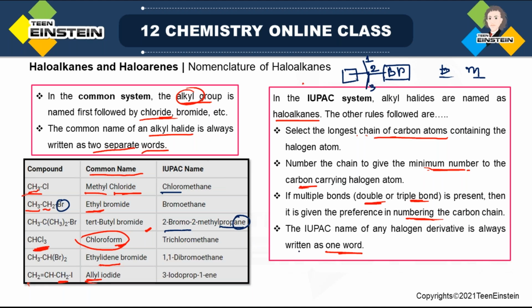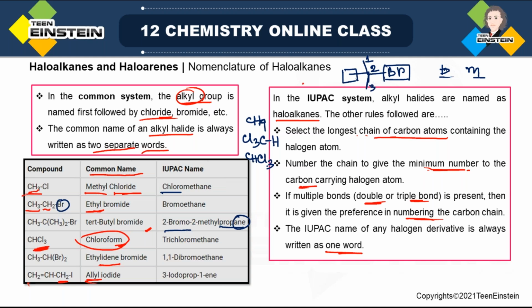Next molecule, CHCl3. Now CHCl3 is basically a derivative of methane. Methane is CH4, but if you replace 3 hydrogen with 3 chlorine, the structure will be Cl3CH. We write it in this way, CHCl3, but it is Cl3CH. Now here only one carbon is present, and this one carbon contains 3 chlorine.